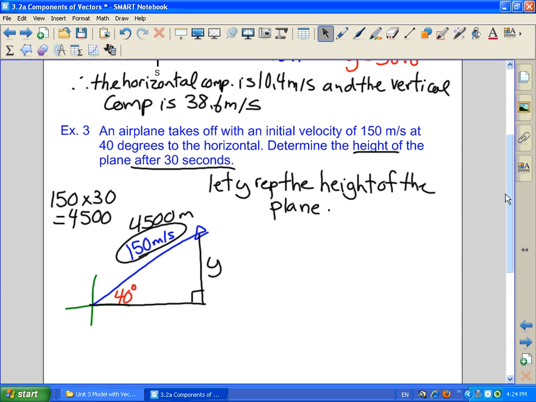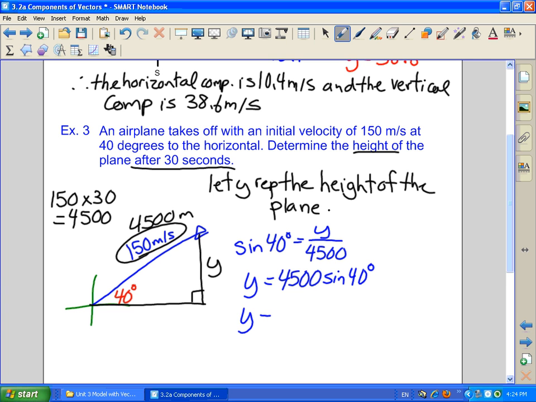All right, so looking at what we need to do, folks, to find y, we're going to use the sine ratio. So the sine of 40 degrees equals y over 4,500. To get y by itself, it's going to be 4,500 sine of 40 degrees.